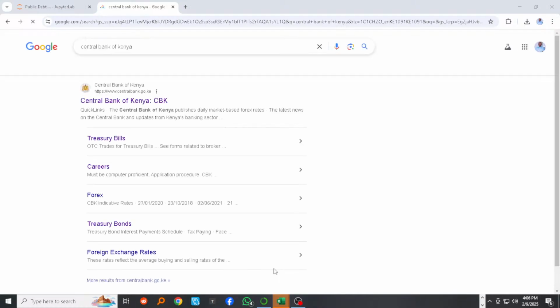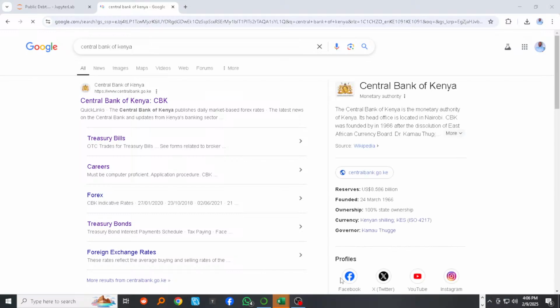I want to get to the Central Bank of Kenya website to see. Yes, we're already there, the Central Bank of Kenya website. So it's here that we are going to get the raw material, that is data, for our analysis.